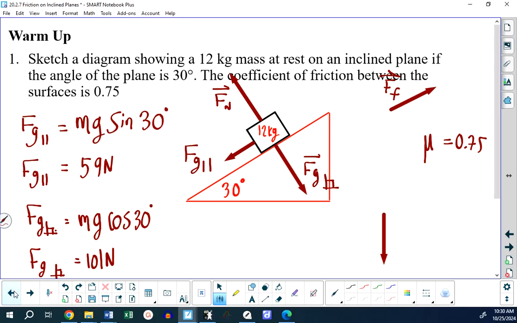So when we draw this, and here's where we run into a problem, but you're just going to have to cope with it. I'll put some numbers on here. This is 59 newtons. This was 101 newtons. Yes? This is 101 newtons. And this is 76 newtons. It's the force due to friction.